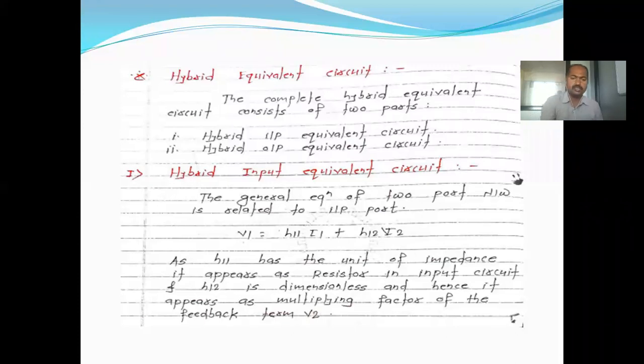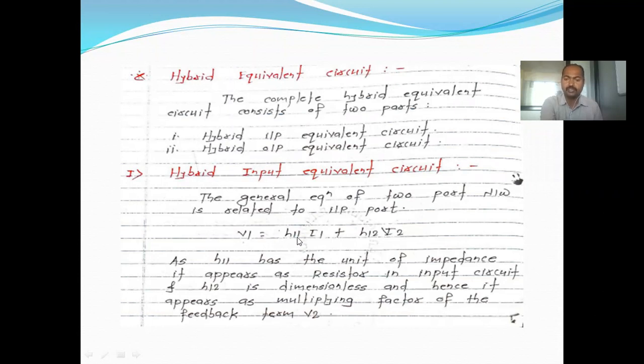In H11 I1 plus H12 V2, H11 is nothing but V1 upon I1, which is like a resistance. So it is called the input impedance.